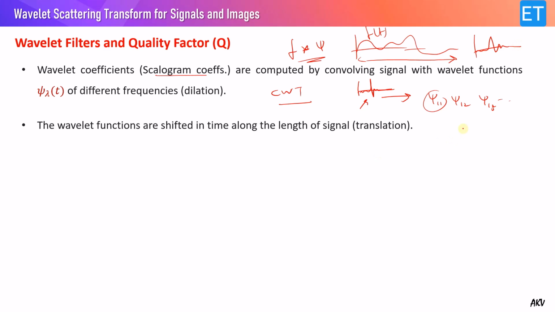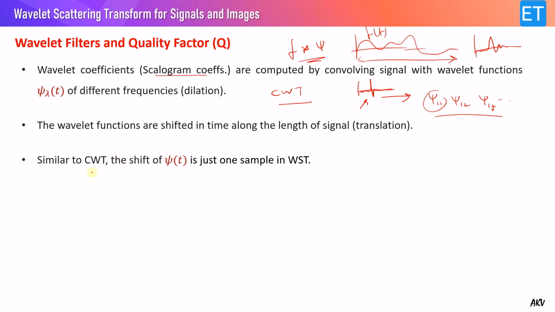Psi 1 3 will have a further lower frequency. So we are convolving the signal with different wavelets of different frequencies. Thus, we are trying to capture the high frequency and the low frequency details of the signals at various scales. So that is the basics of the wavelet transform.